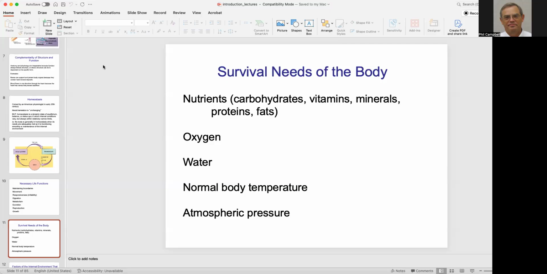Oxygen is another one. Why do we need oxygen? Because the metabolic biochemical processes within the cells are dependent upon oxygen. Not all organisms are dependent upon oxygen, but humans, yeah, they are.